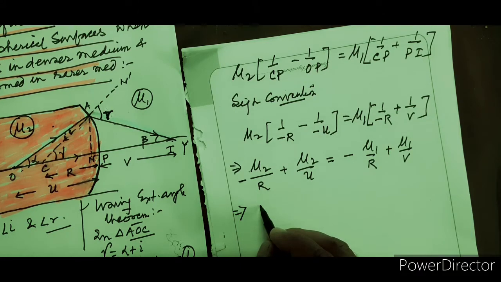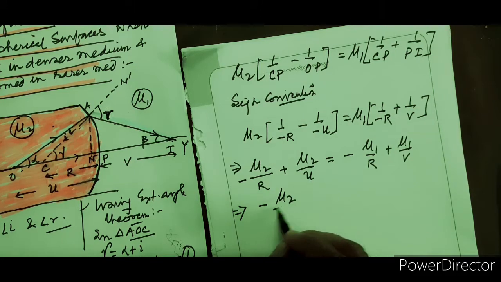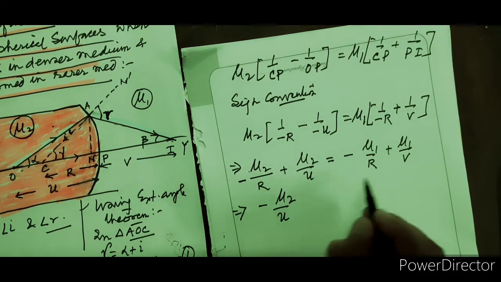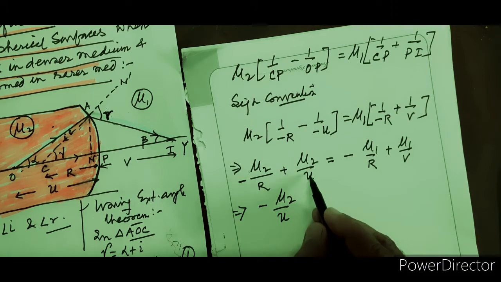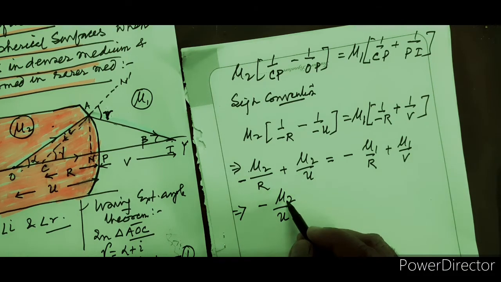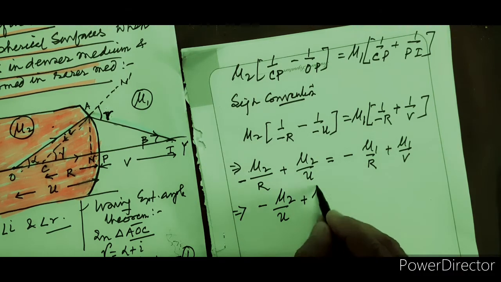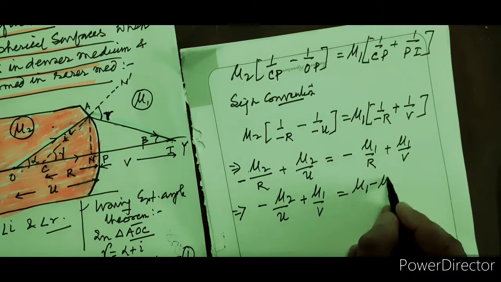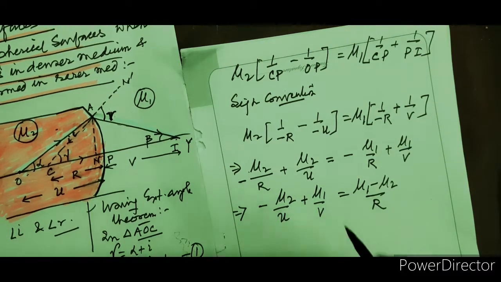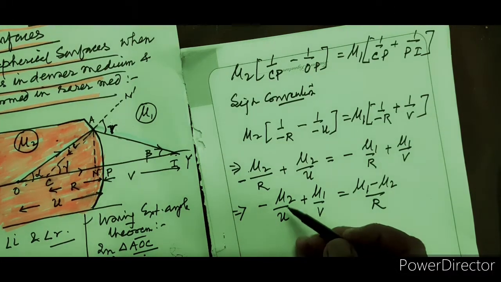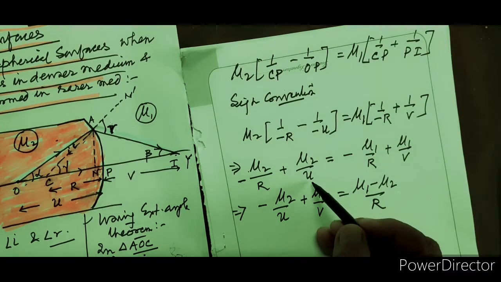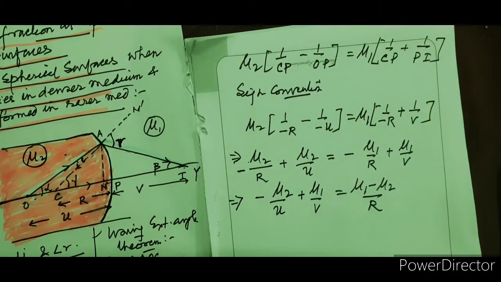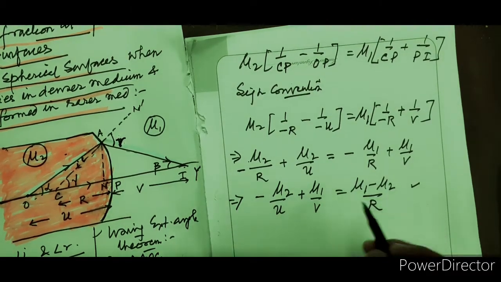Now you can write it in this form: minus mu2 by u plus mu1 by v is equal to (mu1 minus mu2) by R. How does it come?